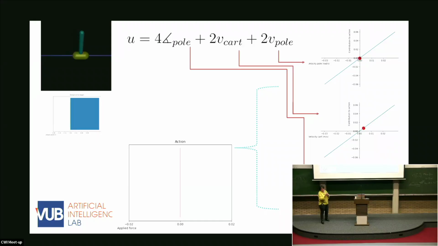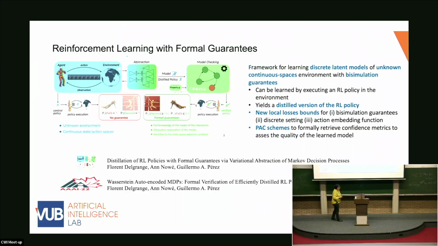So maybe we also need the idea I explained previously, to have a more hierarchical approach later on. And this is the last slide I wanted to show, because it also refers back to a talk of yesterday on providing formal guarantees.